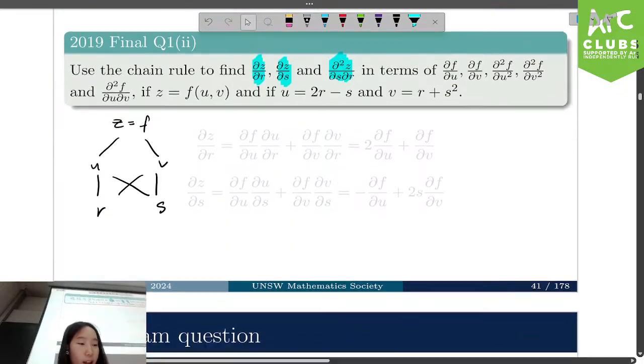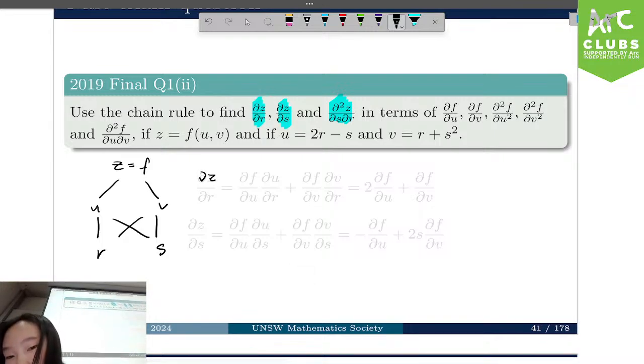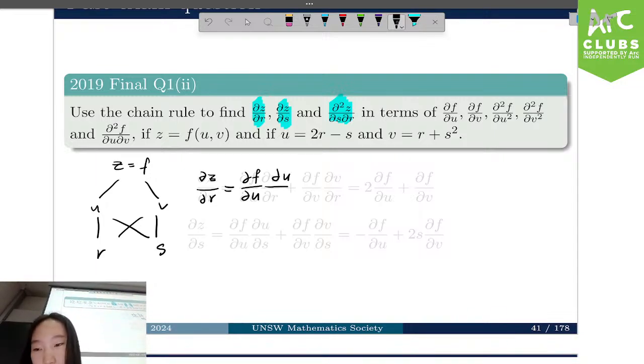So if we're going to calculate the partial derivative with respect to r, then we take the partial derivative with respect to u first, and then the partial derivative of u with respect to r. So this is our path, this way. Okay, so what other paths do we need?